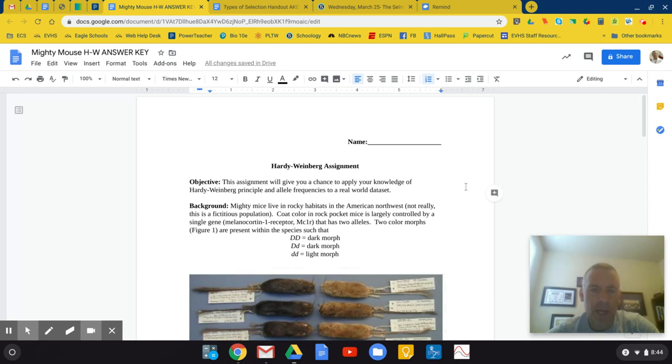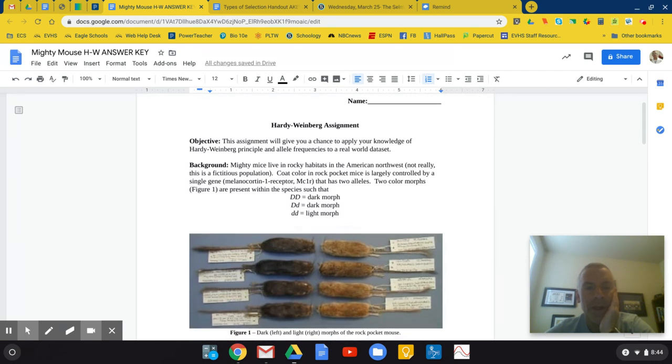So when we look at this assignment, as I was talking with Amanda yesterday, she had a couple of questions. What we really want to make the transition to is not just using the formulas, the p plus q and the p squared plus 2pq plus q squared equations.